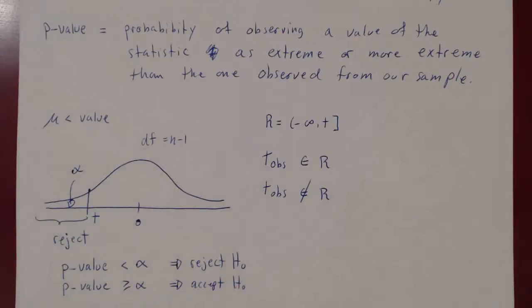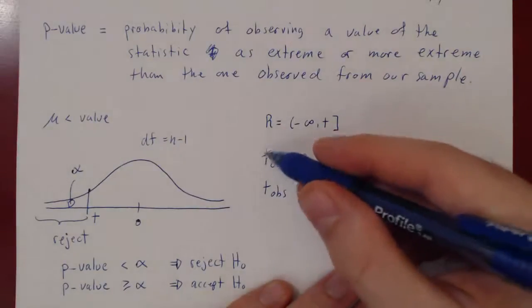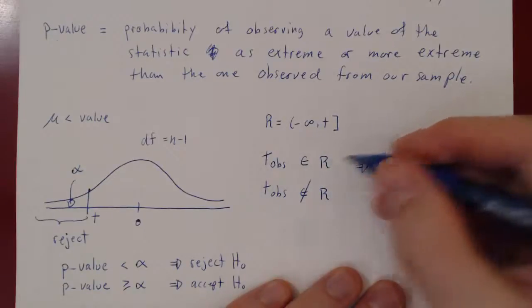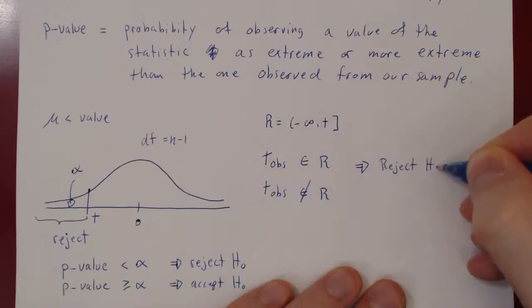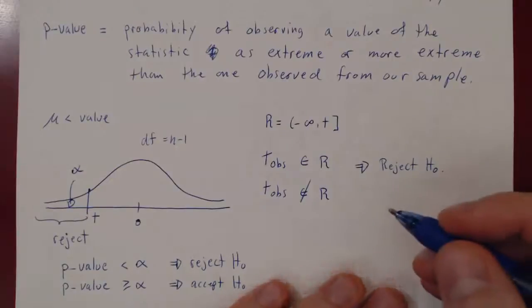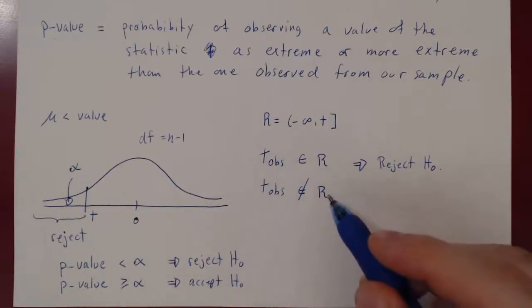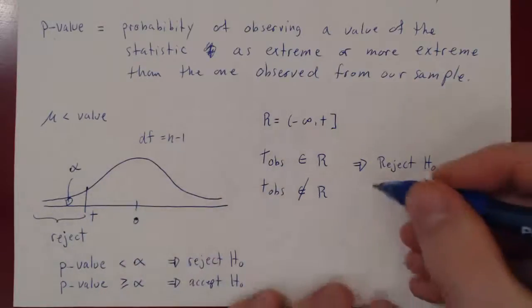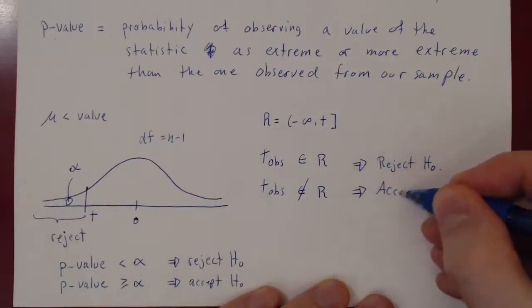Therefore, this is evidence against H0. So if you ever observed a value of your statistic inside of the rejection region, it is too unlikely, evidence against H0, and so we reject H0. On the other hand, if your observed value of the statistic is outside of the rejection region, then it's not that unlikely, and so you say, well, that's evidence for H0, and so you accept it.